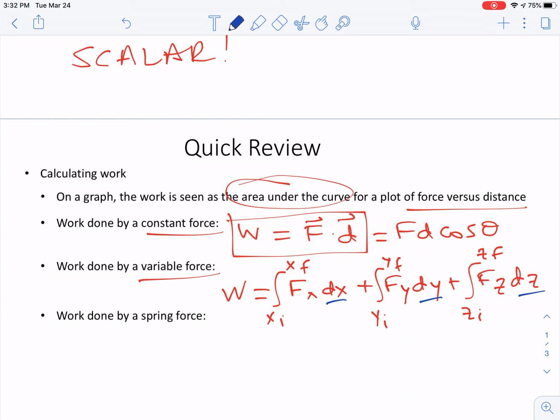You can also check the solution to see how this is done, okay? That was just a one-dimensional case, so we focused on this part of the equation. This is done for any variable force, so you can apply it as long as you have the function of F in terms of x, y, or z.